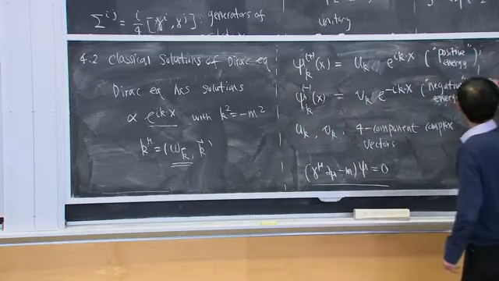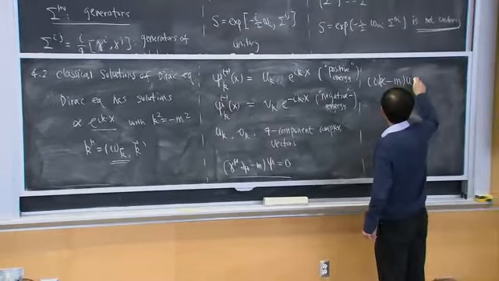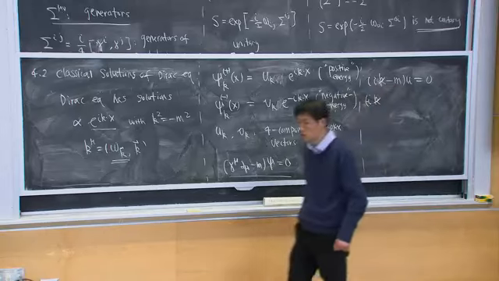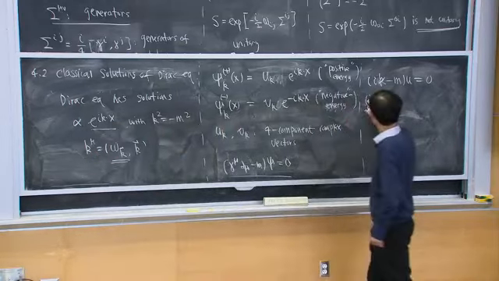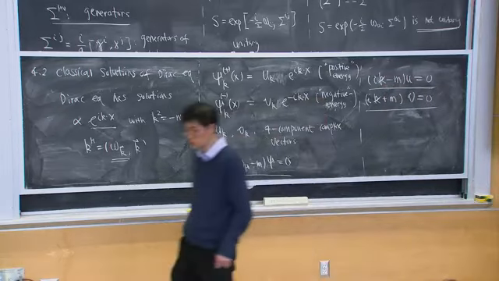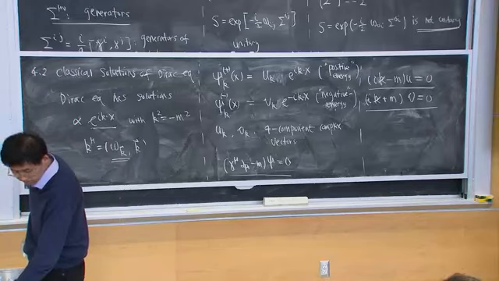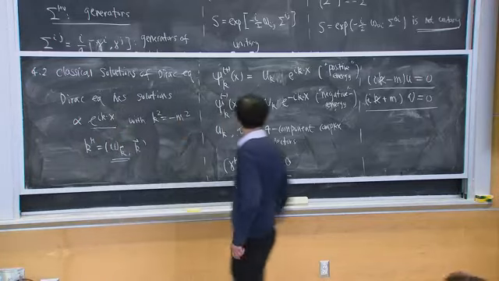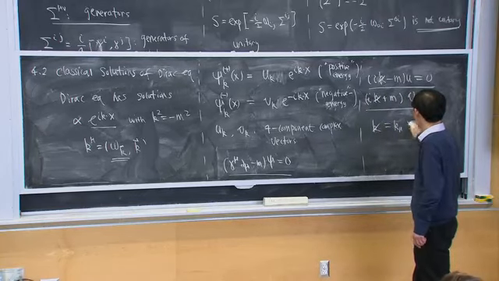For u, you get (i k slash minus m) u equal to 0. Let me double check the sign. Indeed, for v you get (i k slash plus m) v equal to 0. So you get these 2 equations, and our goal is just to solve them. The k slash is just as defined before: k slash equals gamma^mu k_mu.